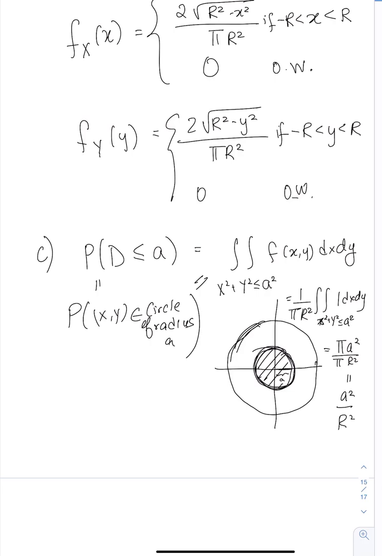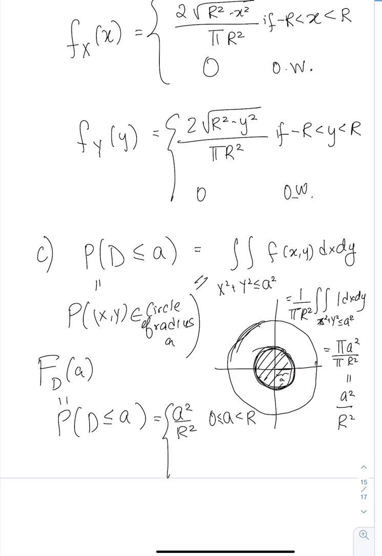We need to be a little bit more specific. The probability of D less than or equal to a is in fact the CDF of the random variable D, which is the distance from the origin. This is a squared over r squared if a is between 0 and r, and it is 1 if a is bigger than or equal to r.